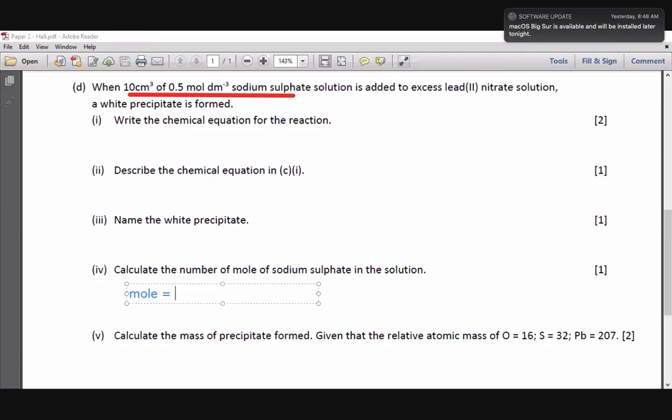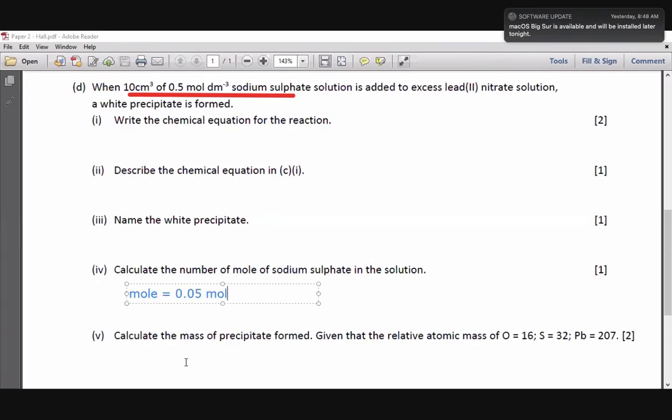What is the mole for this one? Why did you come in so early? Class hasn't started. Okay, thank you. 0.05. Okay, 0.05.